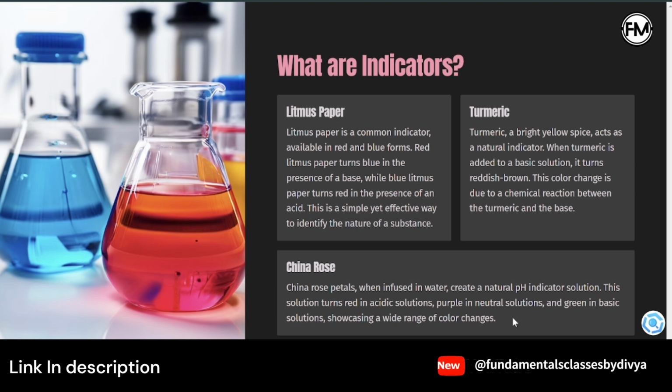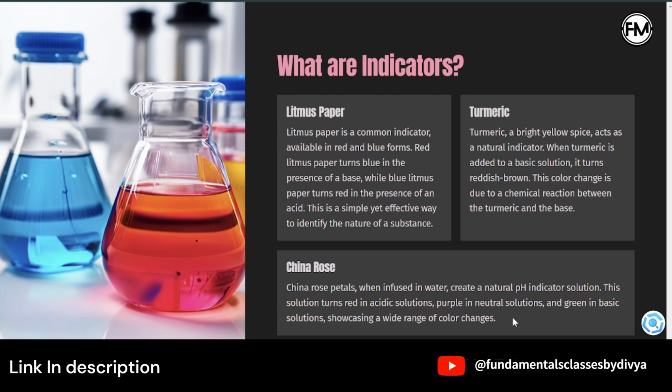There will be some indicator which will indicate to us which one is acid and which one is base. According to their property, they will change in their state, their color, or their smell. By the change, we will get to know which one is acid, which one is base, and so on, right?